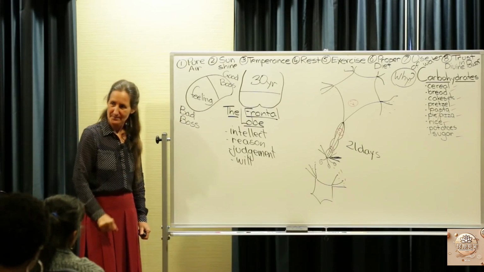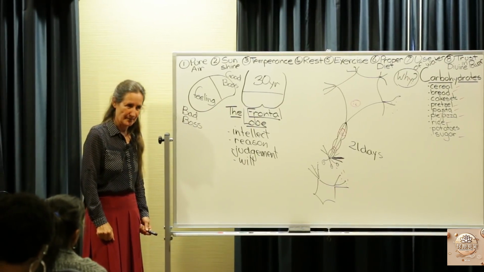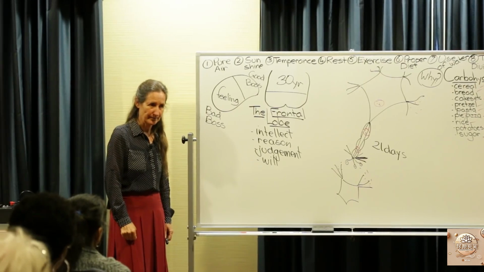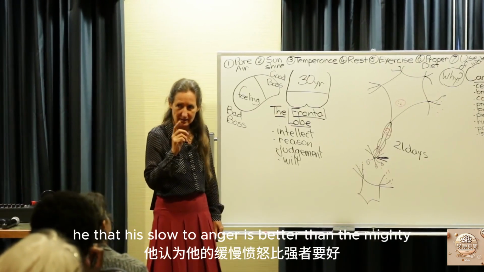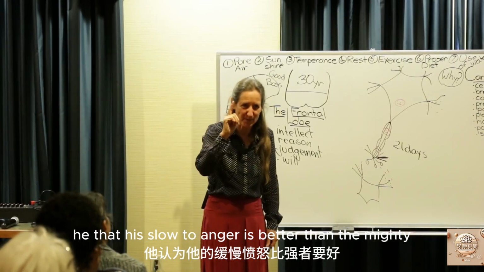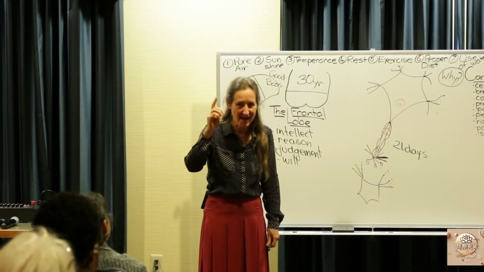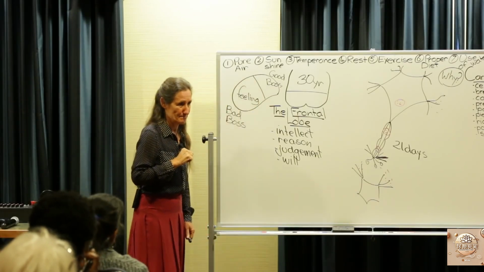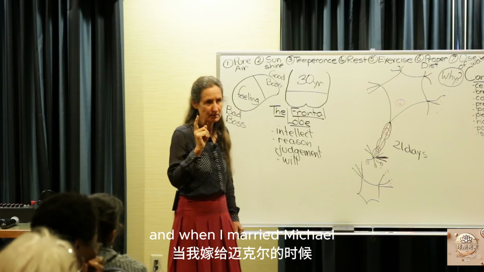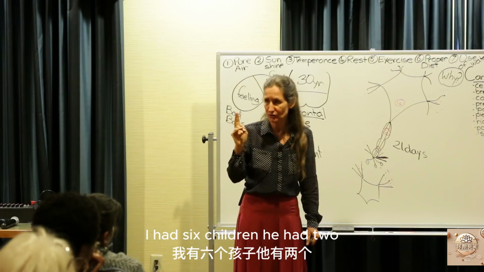That's what's important, and those children will remember. That's why the Bible says, he that is slow to anger is better than the mighty, and he that ruleth his spirit than he that taketh a city. And when I married Michael, I had 6 children, he had 2.